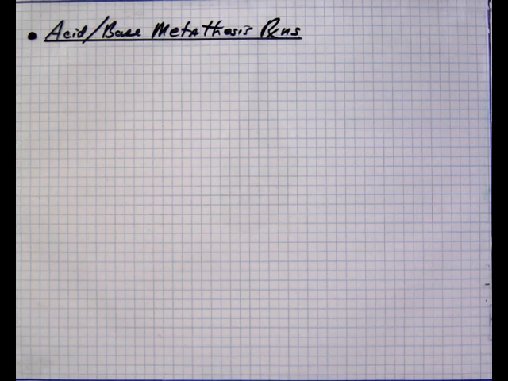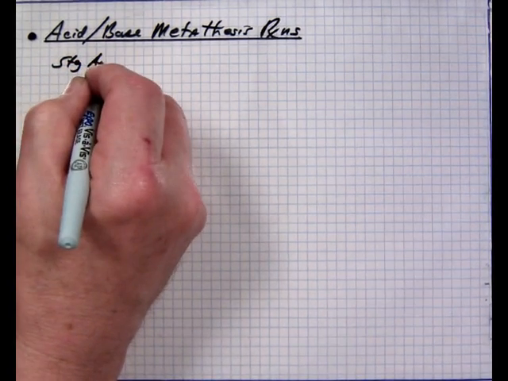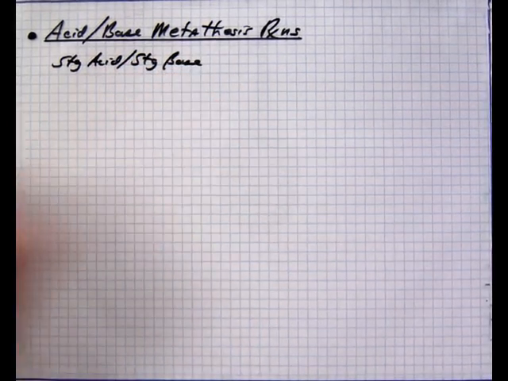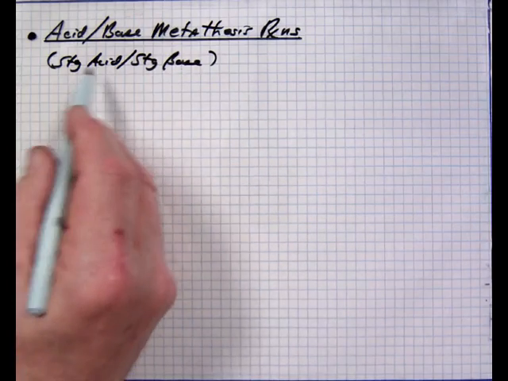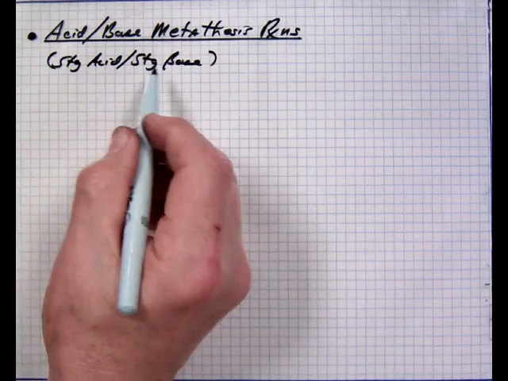Next, we look at acid-base metathesis reactions, and as I present these examples, I want to present 4 acid-base reactions: a strong acid, strong base type reaction, then a weak acid, strong base, weak base, strong acid, and weak acid, weak base.